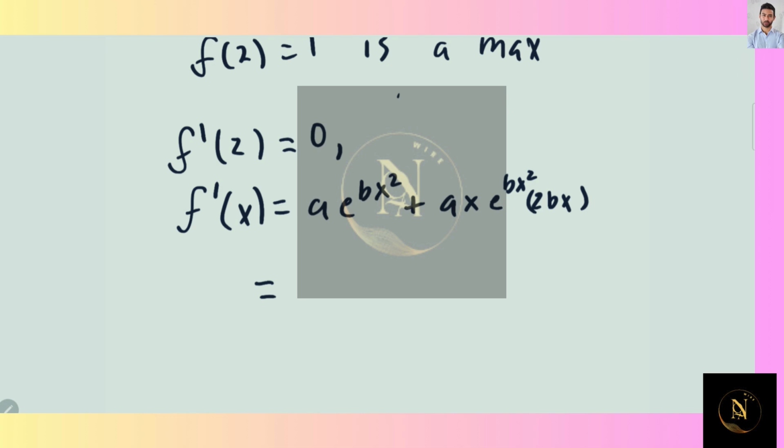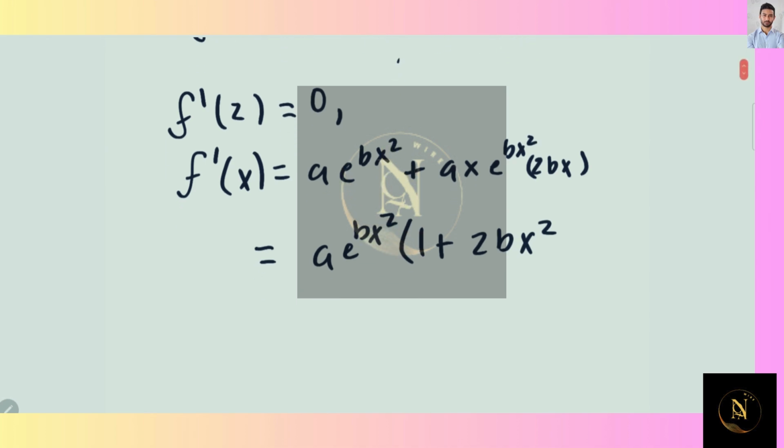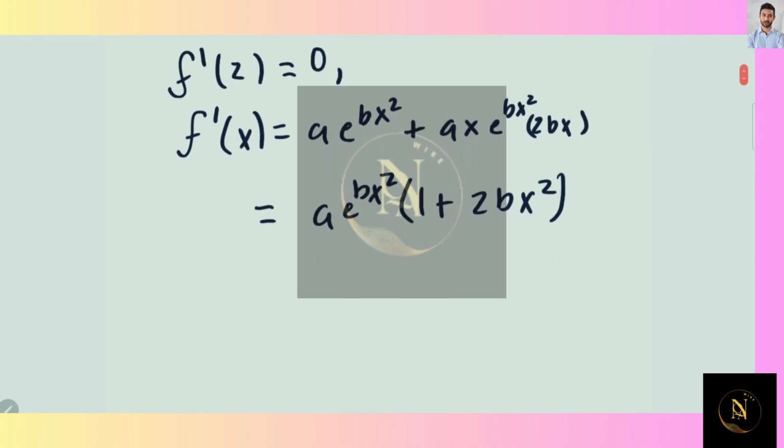Now I'm going to simplify this a little bit. We can take out a times e^(bx²) and factor that first. Then we're left with 1 plus, since we took an a e^(bx²) out, x times 2bx, so plus 2bx².